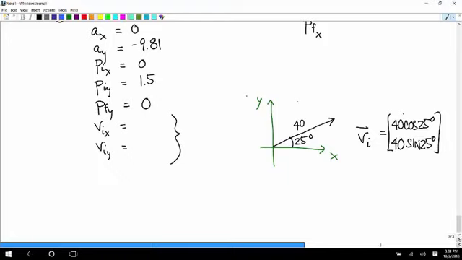So let me know if yours is in radians and you can't figure out how to switch it. But if it's in degrees, for vix you would get 36.25, and for viy you would get 16.90.